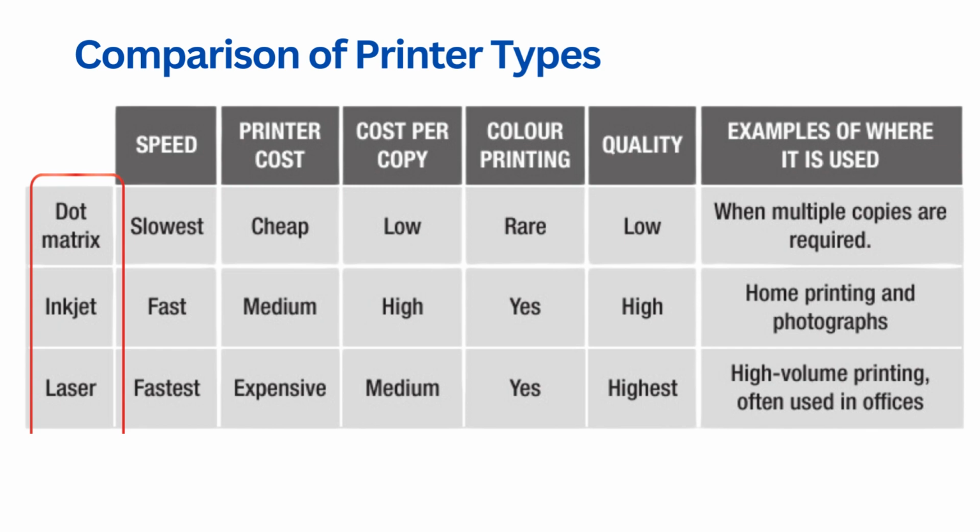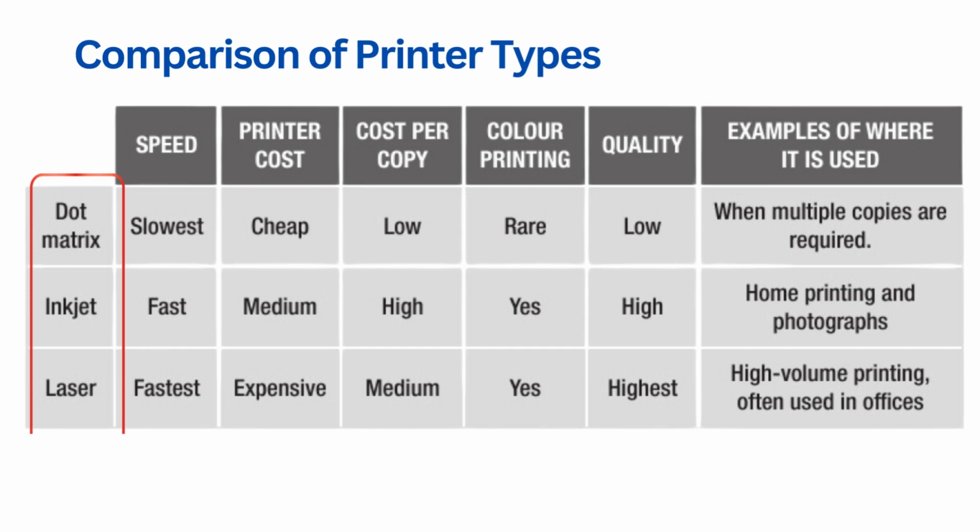And color printing is mostly not available with dot matrix printers, and we can get color printers using both inkjet and laser. The quality of printing of dot matrix is very low, and as I told you, we use it for receipt printing in multi-part stationery, and then inkjet has high quality, and the laser gives the highest quality.